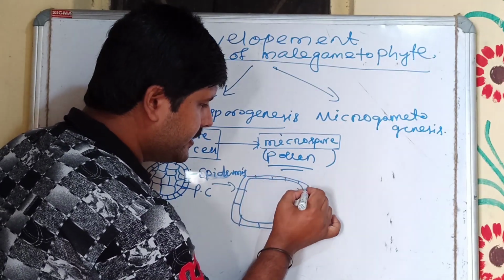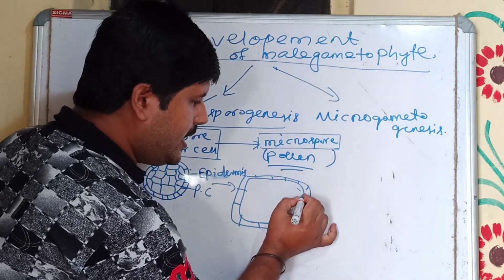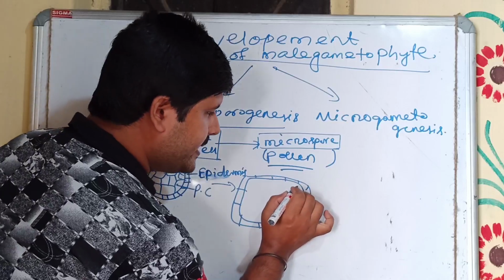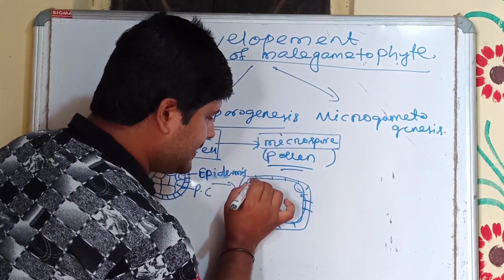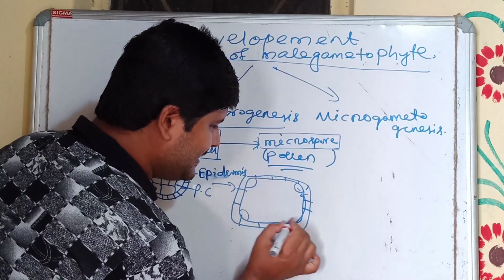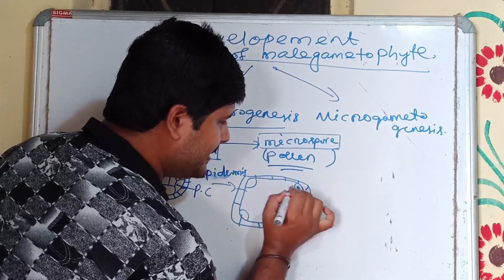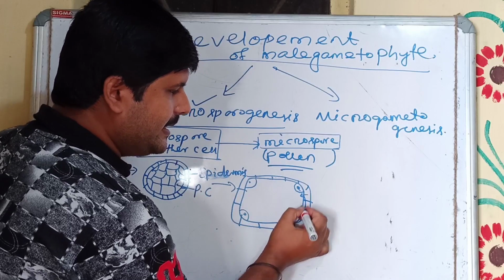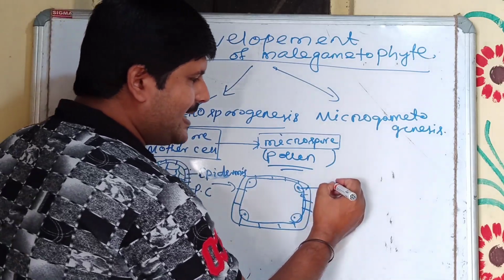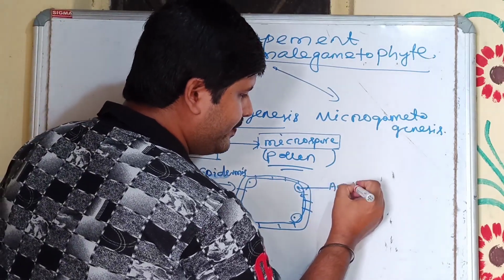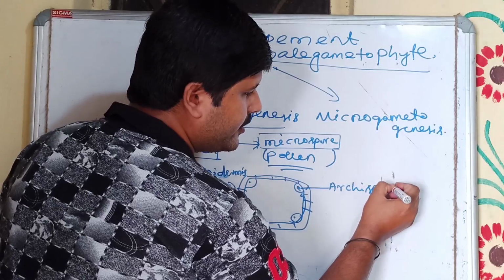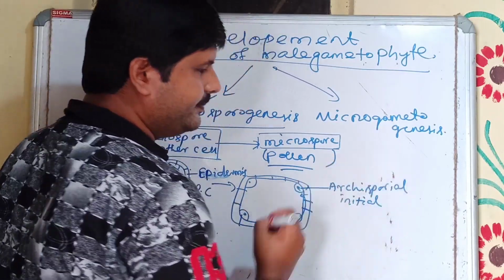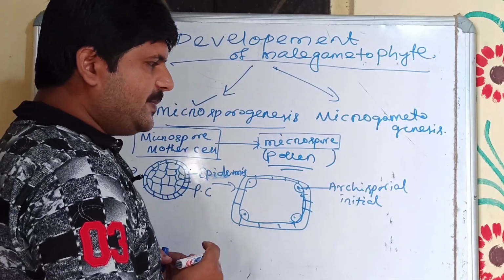Next, the layer below the epidermis is known as hypodermis. Some of the hypodermal cells act as archisporial initials. Then what happens to the archisporial initial?